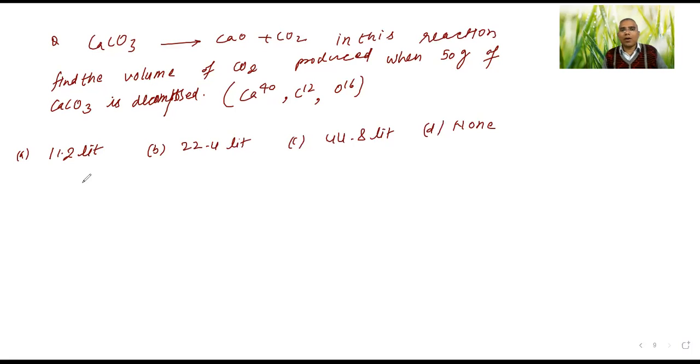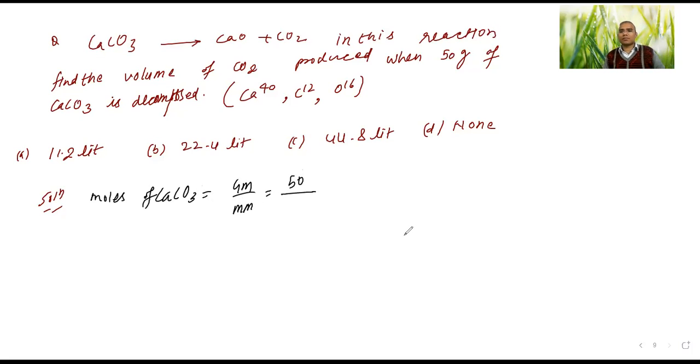First of all, we have to calculate the moles of CaCO3. Moles of calcium carbonate is given mass over molar mass. Given mass is 50. How much is the molar mass?